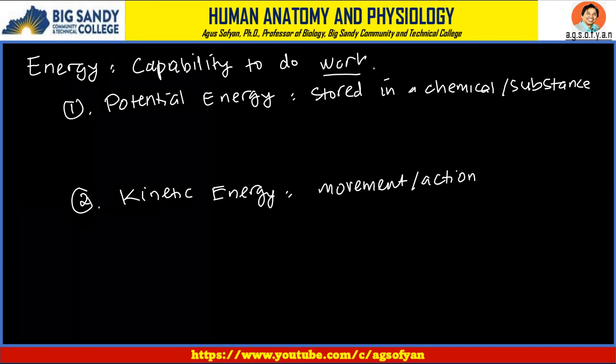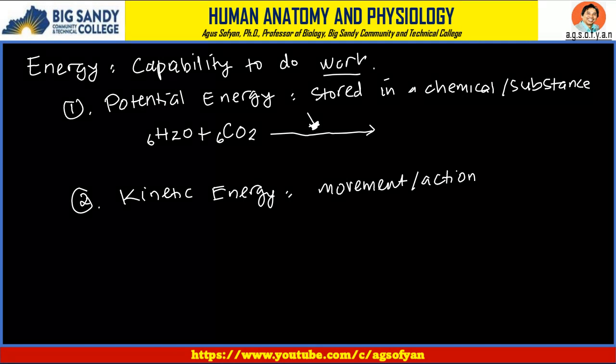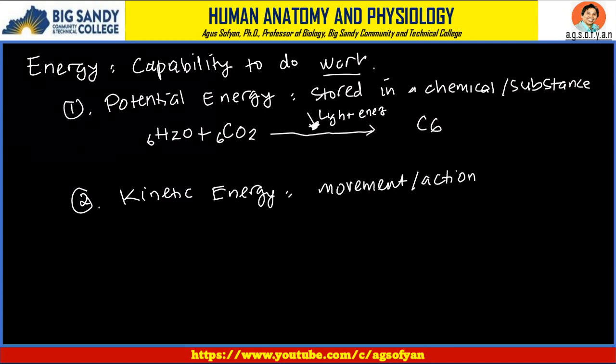Now, an example of potential energy is when the plant performs photosynthesis. Remember again, water plus carbon dioxide, and then there is energy coming into this reaction, which is light energy. It will produce sugar plus oxygen.